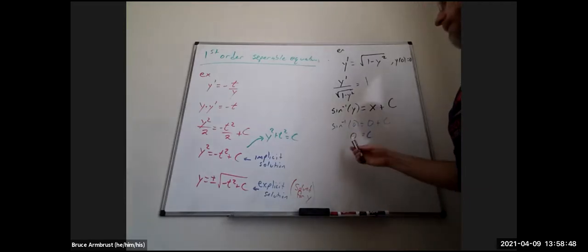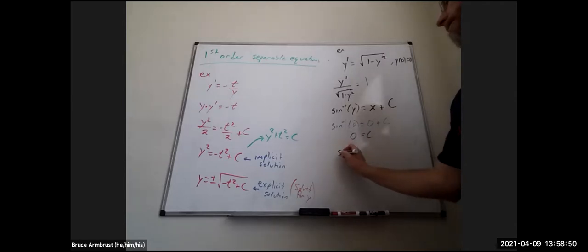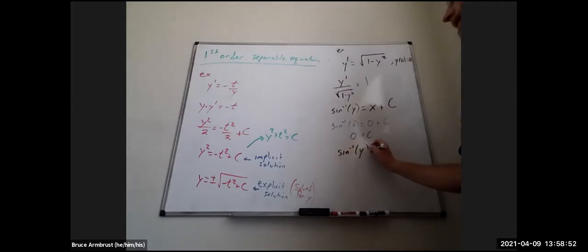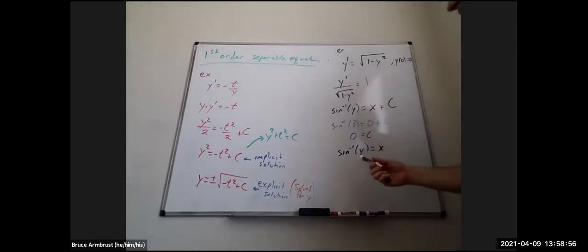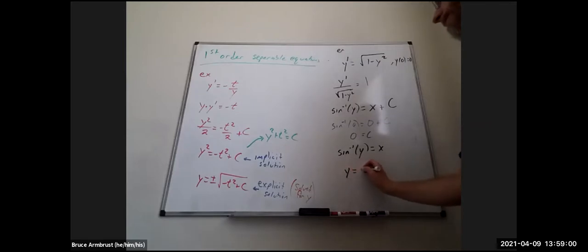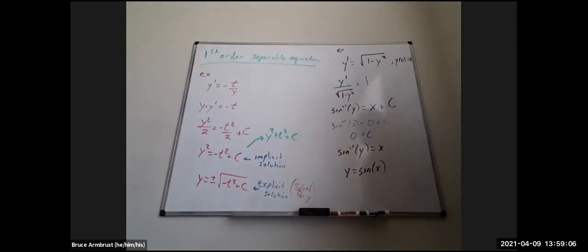So what we're left with is inverse sine of y equals x. So that's our implicit form. If we wanted to go explicit, that tells us that y is equal to sine of x. That's kind of cool. Yeah.